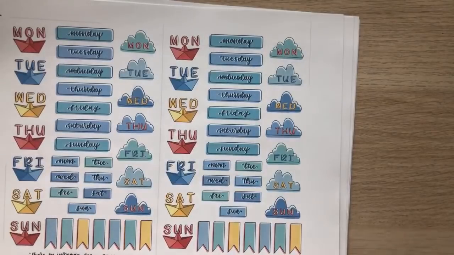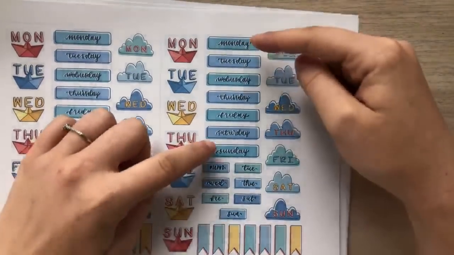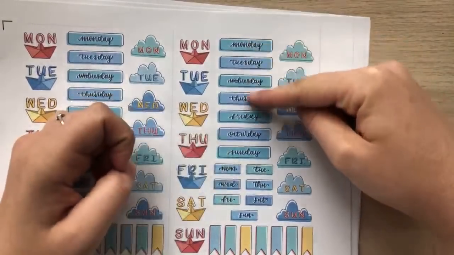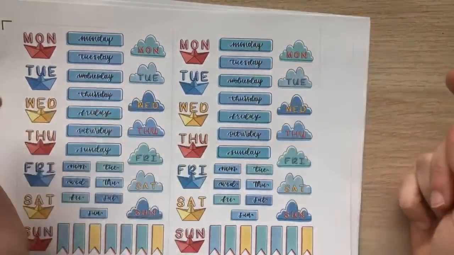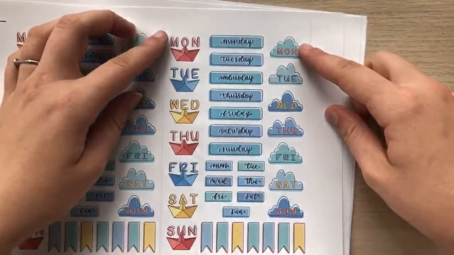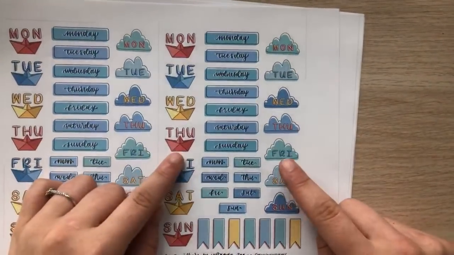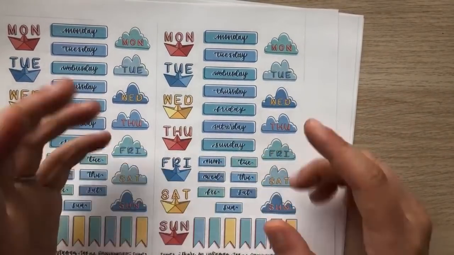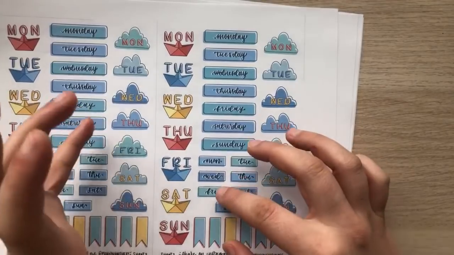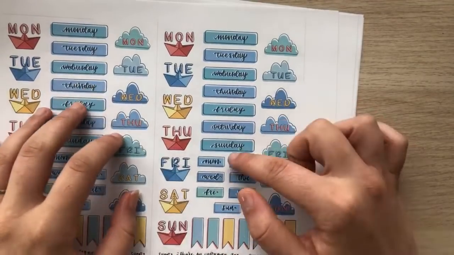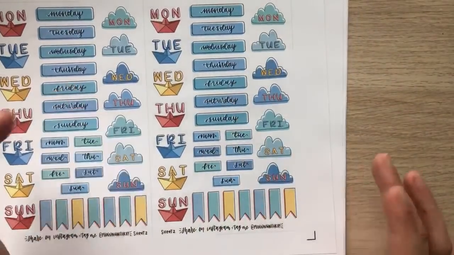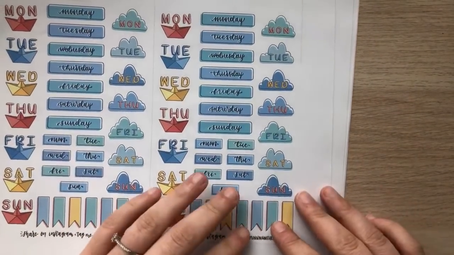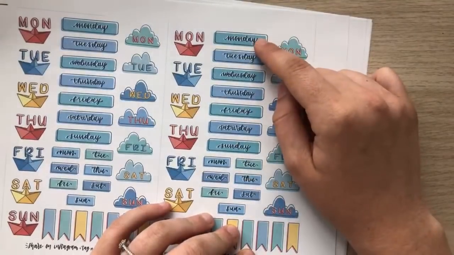So let's just go ahead and make those right now. And it seems like 2 people have suggested to remove these ones here. That's kind of what I was thinking too, because I love these 2. I don't want to get rid of the clouds or the boats. And it's always nice to have some smaller ones for the calendar and other small weekly spread applications. And I don't really want to get rid of the banners either because I like those, the middle long ones, if we have to get rid of some.